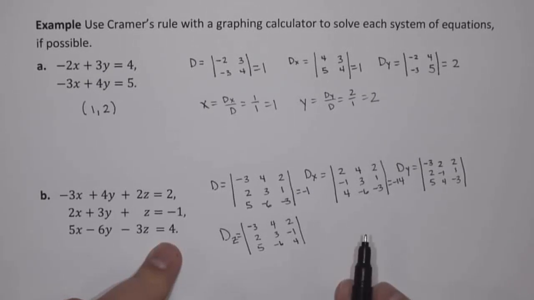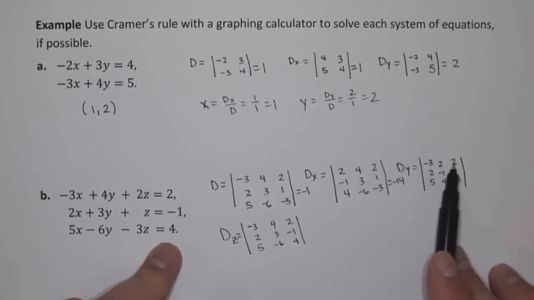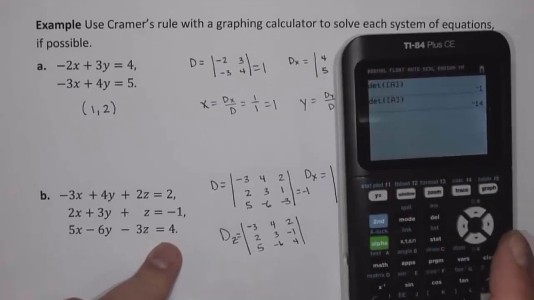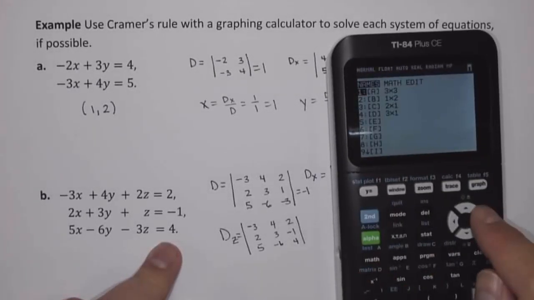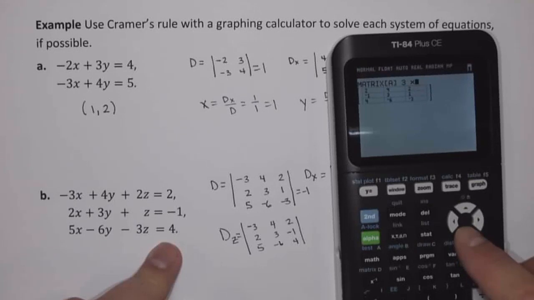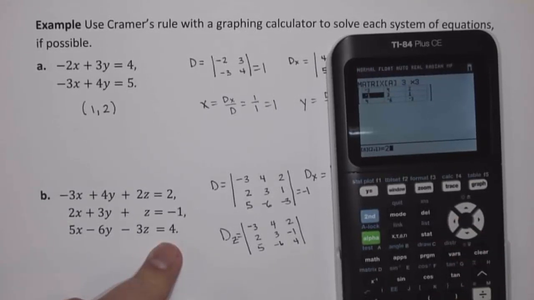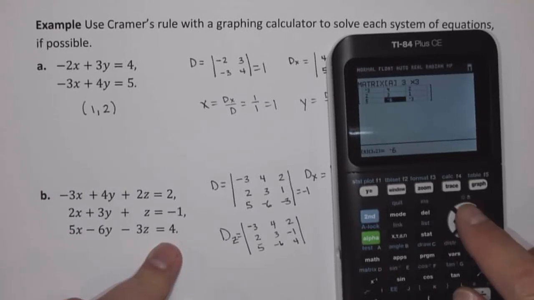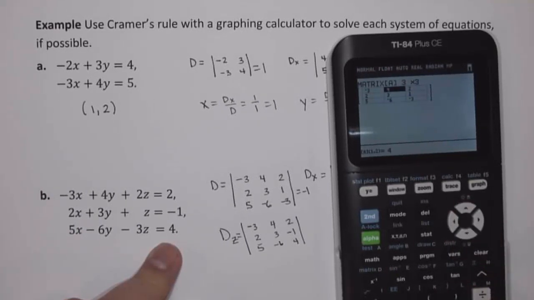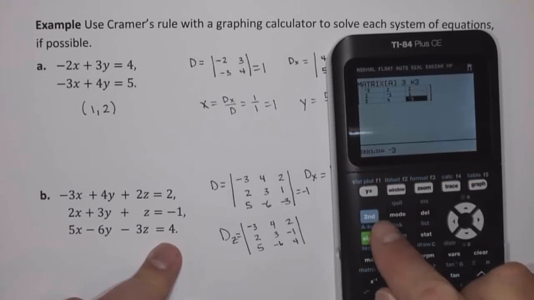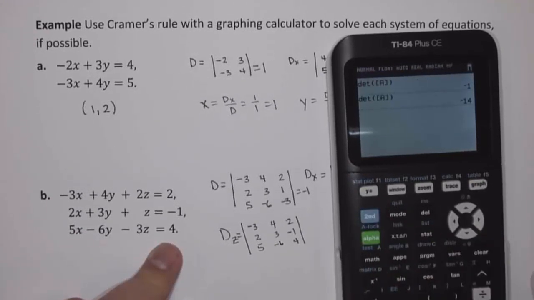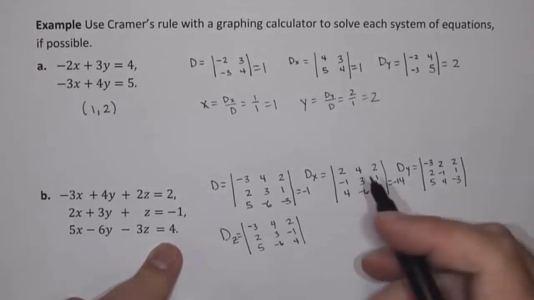We evaluated that determinant. In the same way, I'm going to enter dy now. So if I go back to matrix and edit matrix A, now in this case I need to put the negative 3, the 2, and the 5 back in place, and I need to replace the 4, 3, 6 with the 2, negative 1, and 4. Second quit, second enter to pull back up the determinant of A, and that is 51.